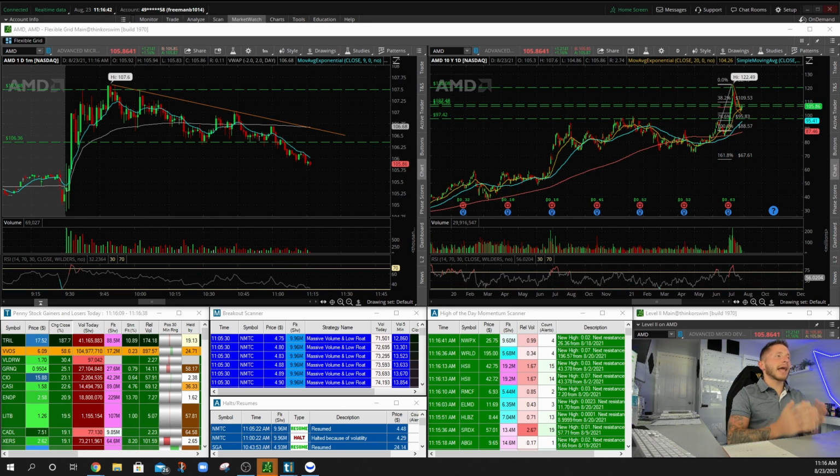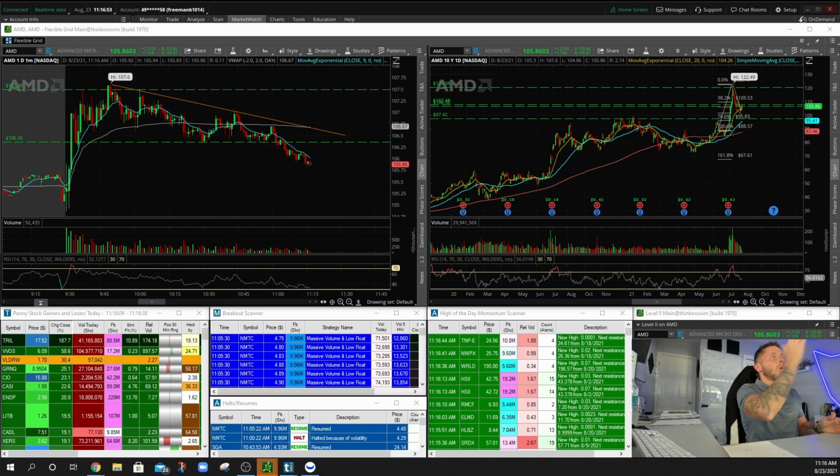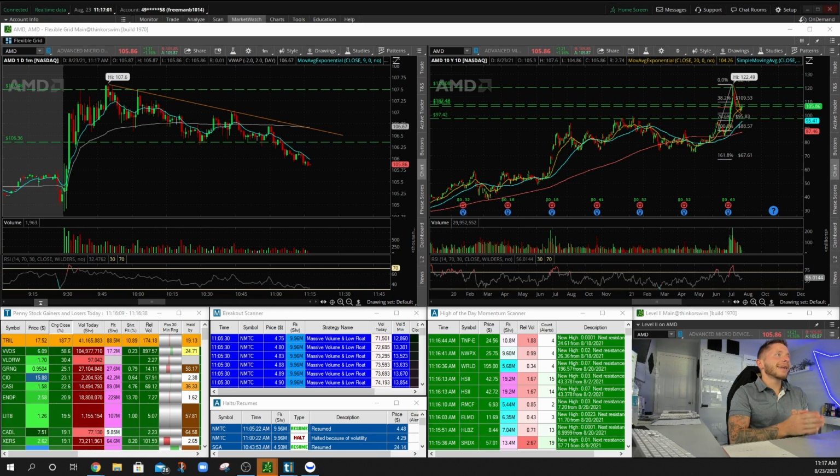It takes the last 9 periods and takes the average and plots it. So if you're looking at a 1-minute chart, it's going to be the last 9 1-minute candles. If you're on a 5-minute chart, it's going to be the last 9 5-minute candles. That's a 9 EMA.